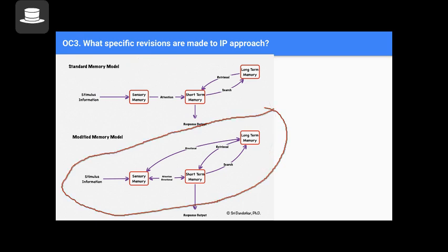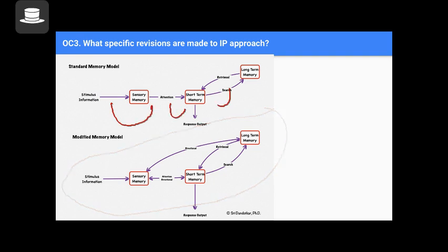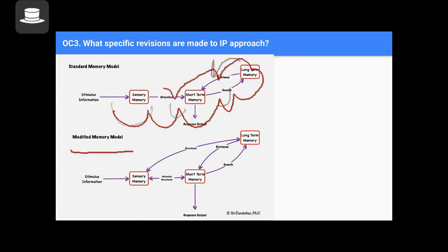Well, I hope you have thought about it. How is it different? If you see here, one difference is that the directions of all these arrows are unidirectional, right? Only because of the sequential assumption. The memory model assumed that things are sequential. Well, what was modified was that these are not necessarily only unidirectional.